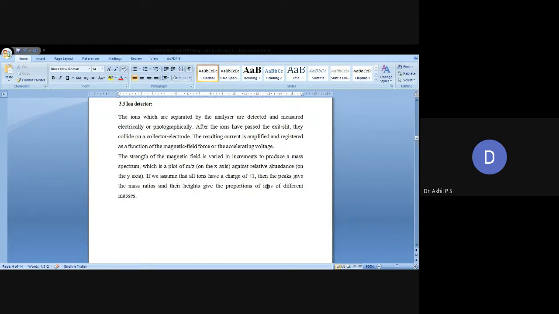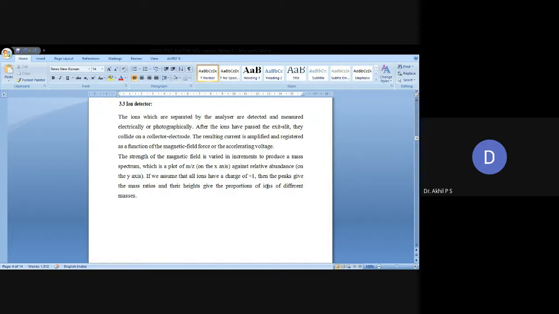Ion detector. The ions which are separated by the analyzer are detected and measured electrically and photographically. After the ions have passed the exit slit, they collide with the collector electrode. The resulting current is amplified and registered as a function of magnetic field strength and accelerating voltage.